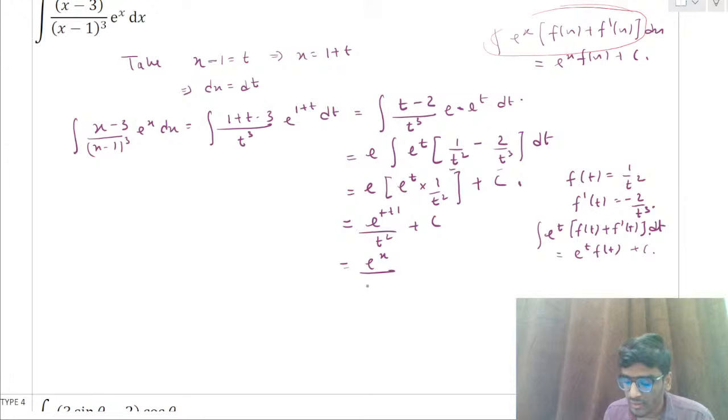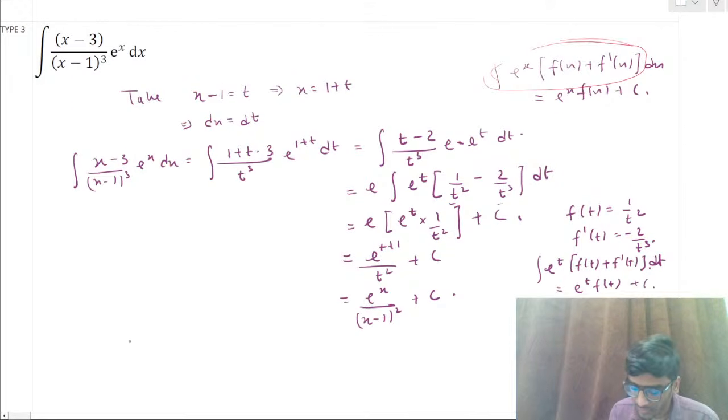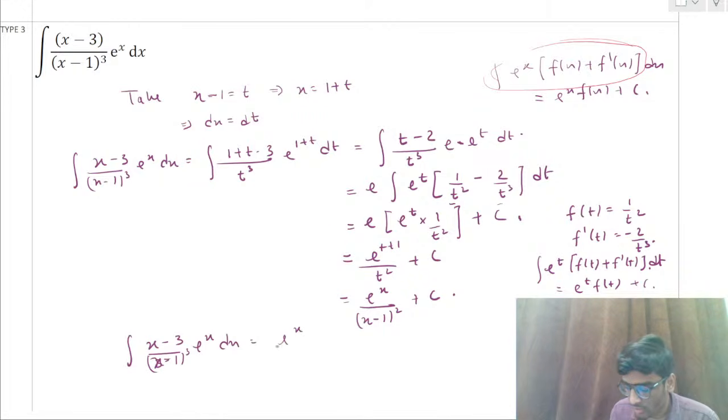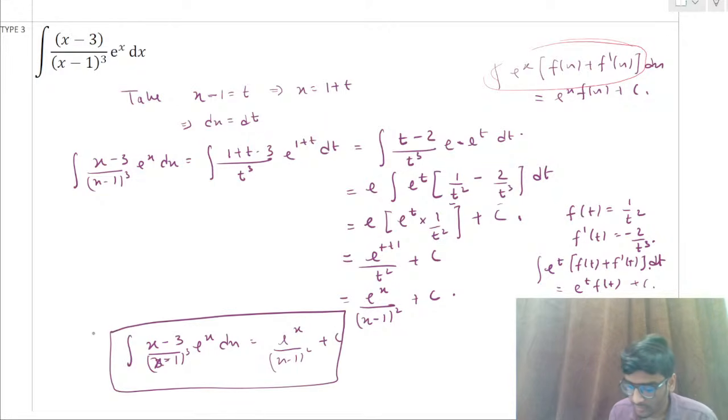Here e raised to power t plus 1 becomes e raised to power x, and t square becomes x minus 1 whole square, plus c. So the integral is e raised to power x upon x minus 1 whole square plus c. Is it clear?